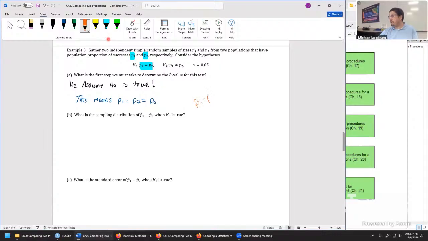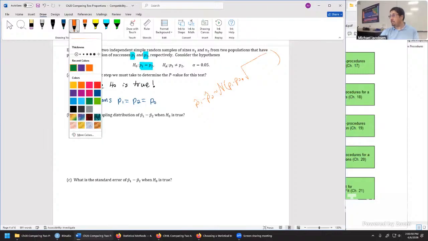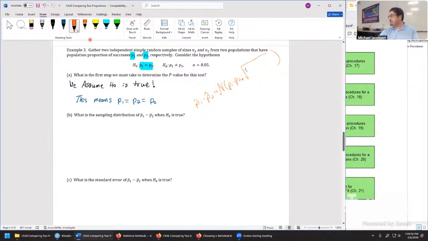P hat 1 minus p hat 2 is distributed normally with center P1 minus P2 and standard deviation, let me change this to make sure I can fit this in, excuse me, that's the standard error, just P, no hats: the square root of P1 times 1 minus P1 over N1 plus P2 times 1 minus P2 over N2. So that's the central limit theorem for the difference in population proportions.